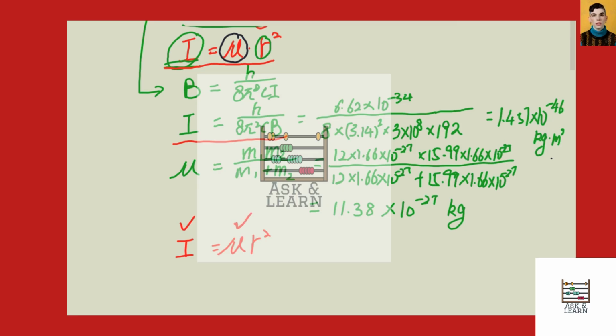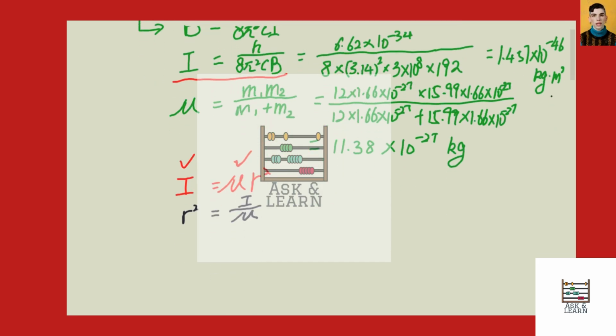Now we can calculate the bond distance, which again we do an arrangement. The square of the bond distance equals the moment of inertia over the reduced mass, and the bond distance equals the square root of the moment of inertia over the reduced mass.